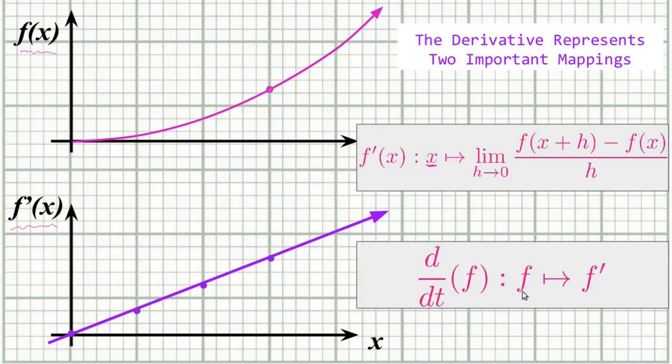So we're actually saying there's a way to get from this function to a function that has the slope of this function stored at every location along the function. So the same way that a function maps a variable to a number for every value of that variable, here we have some notation that we call an operator. This is the derivative operator, and that operator maps a function to another function.